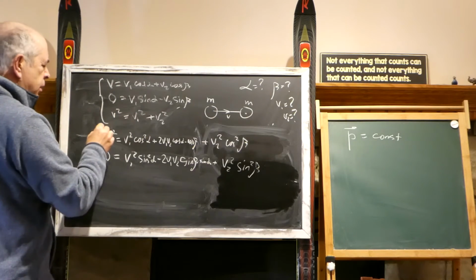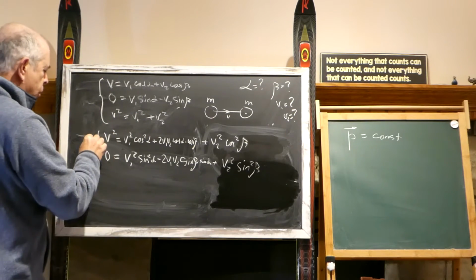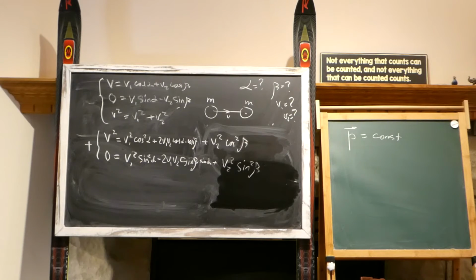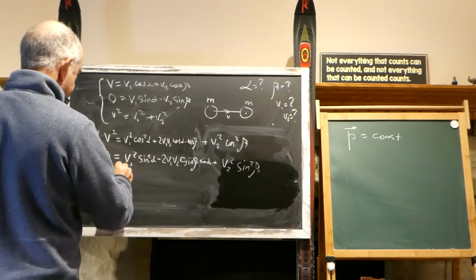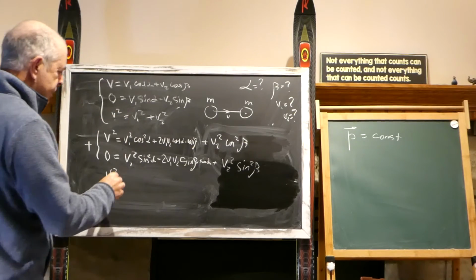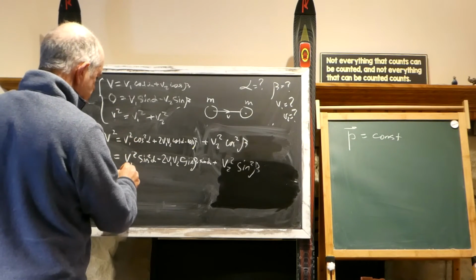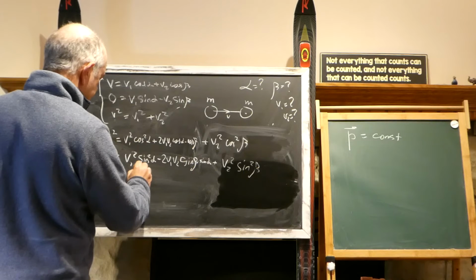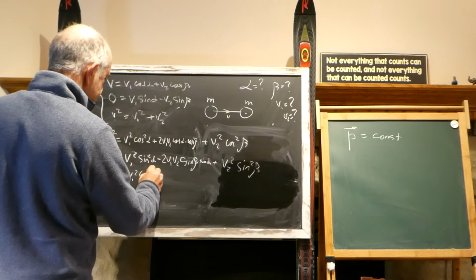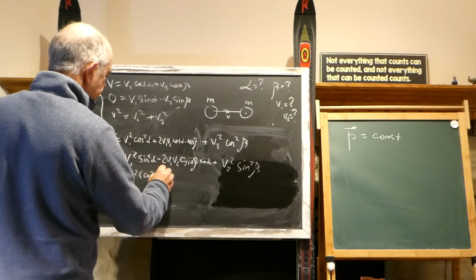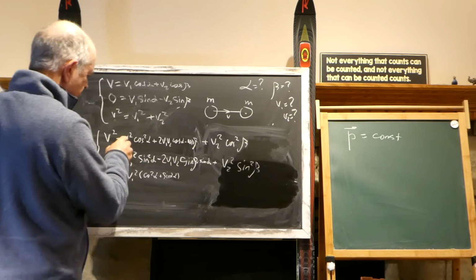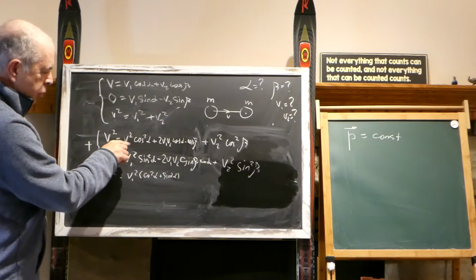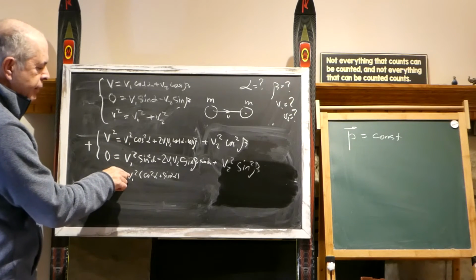And I don't even want to rewrite this because all I want is to add this. And you will see why I want to add this. Because if I add this, I will have v squared. It would be pretty much like this. And when I add those, it would be v1 squared times cosine squared plus sine squared. Because I'm adding those two, they both have v1 squared, so I factor it out.